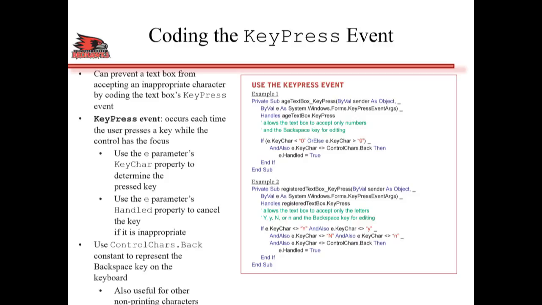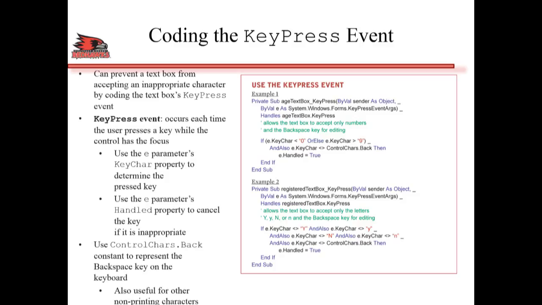Pretty interesting. Another example here is the register text box, which only looks for y, be it small or capital, or n, be it small or capital. So if e.keychar is not capital or small y or capital N or small n, then it's handled, meaning that it's ignored.